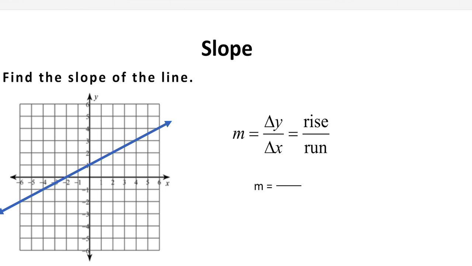So if we want to find the slope of the line, which is m, make sure you remember that. It's really important. We always use m. Delta y over delta x, rise over run. What that looks like on a graph: first off, you've got to be able to find your points.